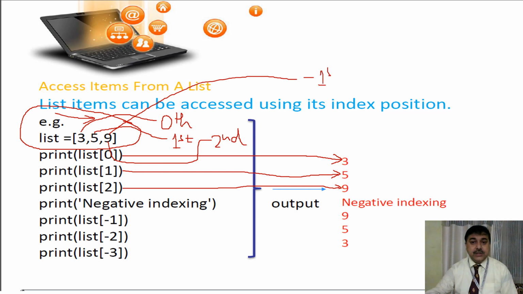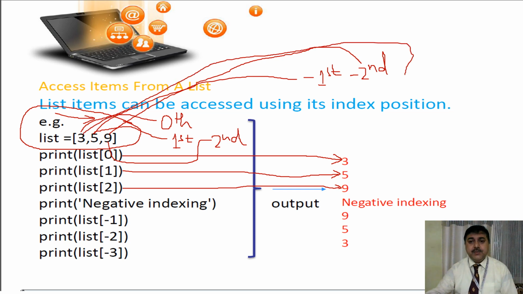Okay, this is the first position. This particular position will now be the second, -2, and this particular position will be -3.